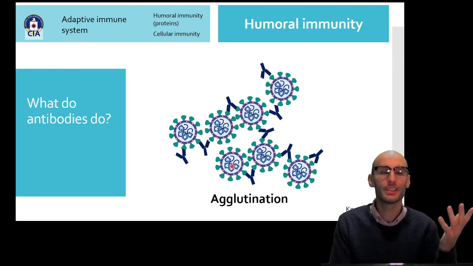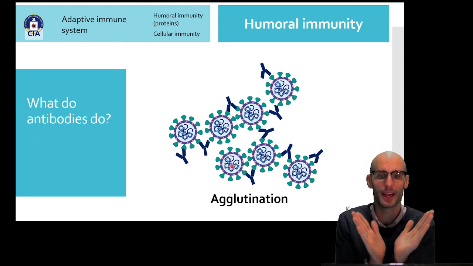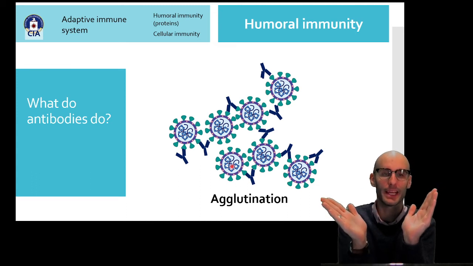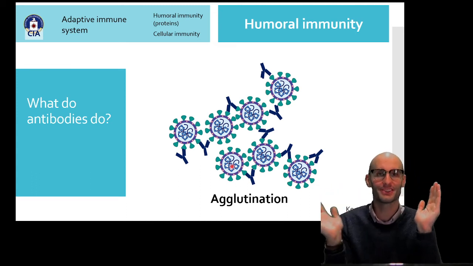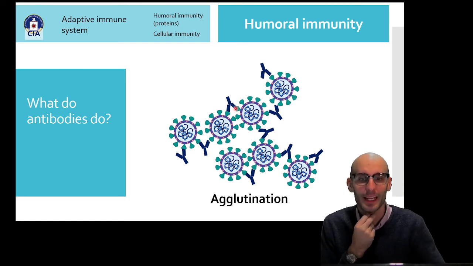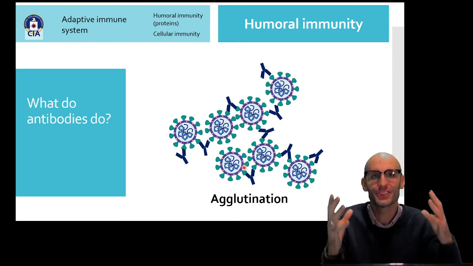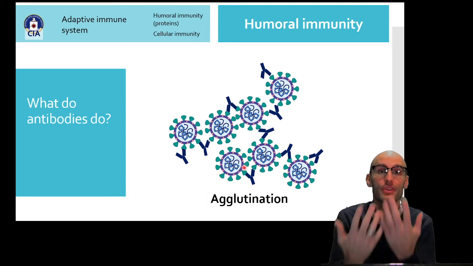Another one is agglutination. So there's two binding domains. That's why it's a capital Y, right? It's got one binding domain over here and one binding domain over there. By having two binding domains, it means you can bind two pathogens. And so here we can see the capital Ys, each of them binding a couple of SARS-CoV-2s, and that kind of sticks the pathogens together, and it precipitates them so they're now not floating around in the fluid.